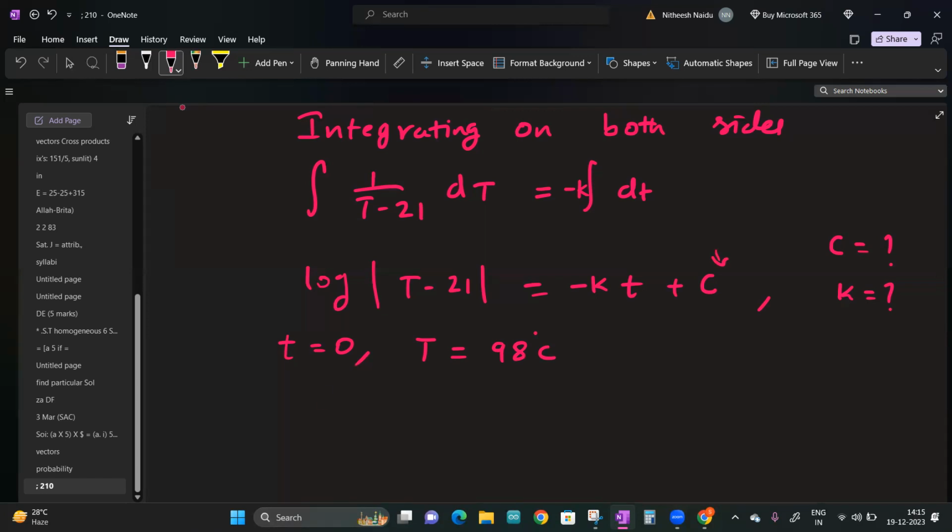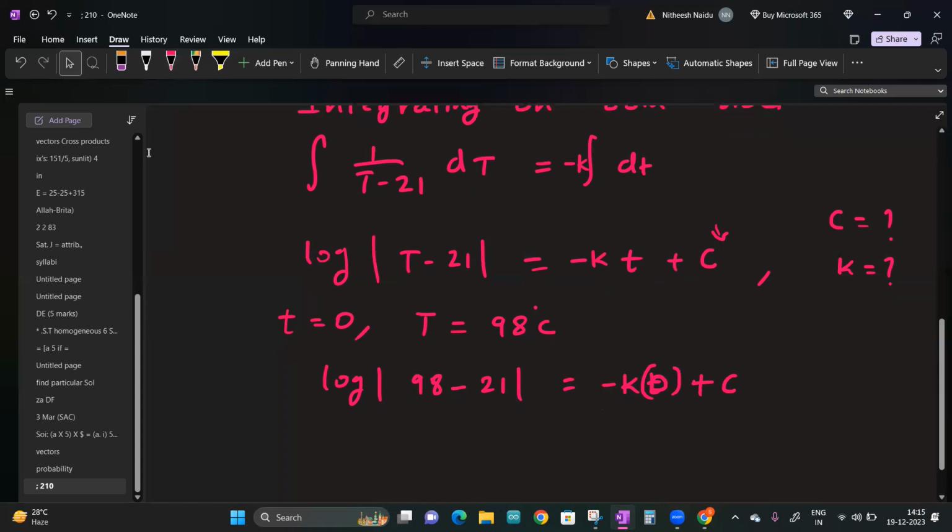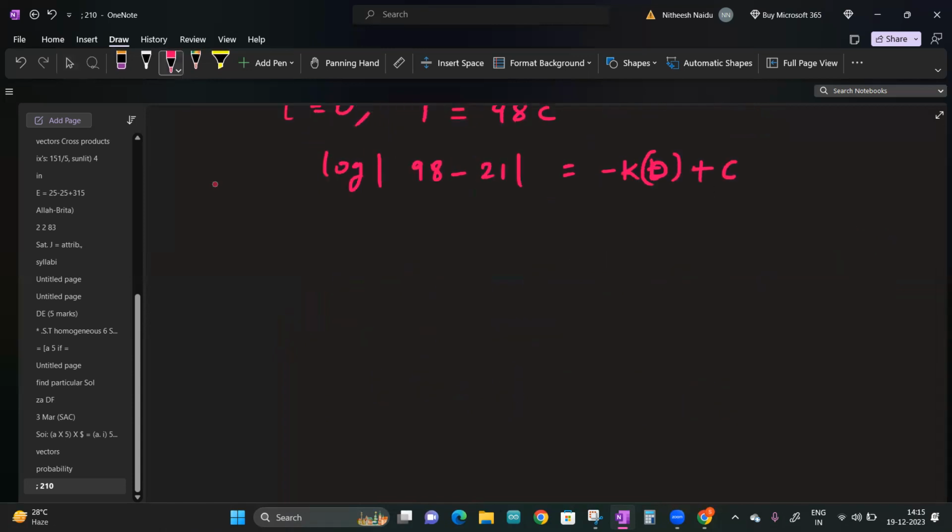Okay. So log of (98 minus 21) is equal to minus k into t, where the t value is 0, plus C. So k into 0 will be 0, so we have only 98 minus 21. How much is this? 77.